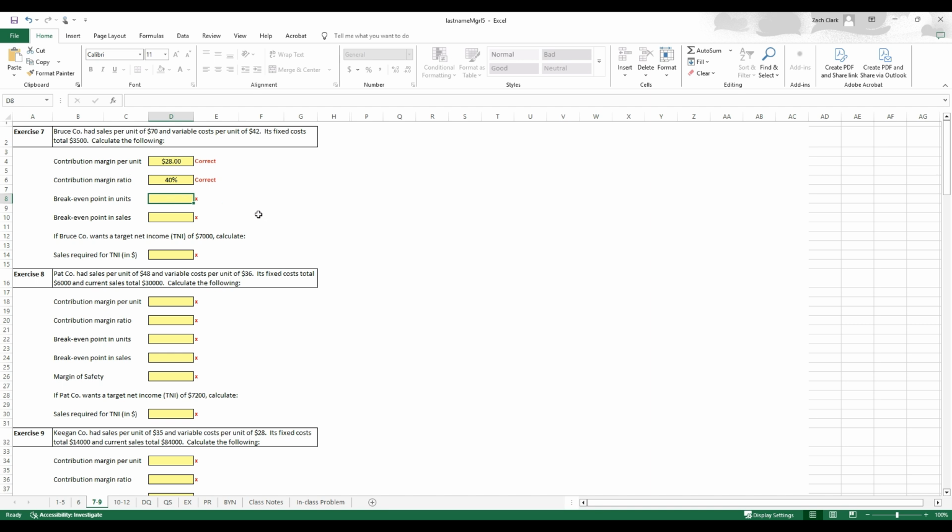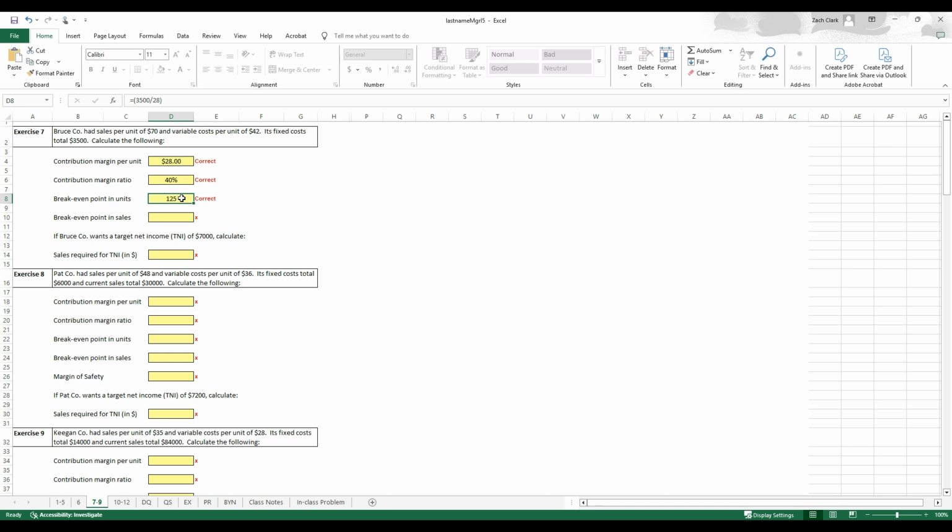So the formula we use there is fixed cost over contribution margin per unit. So 3,500 in fixed costs divided by our $28 contribution margin per unit that we calculated above. And so in essence, we would need to sell 125 units to basically make no pre-tax net income, right?